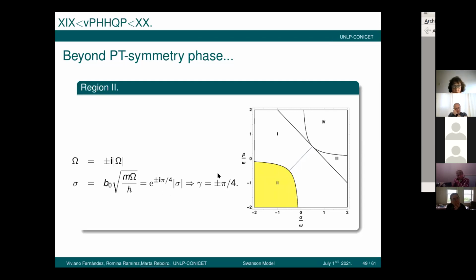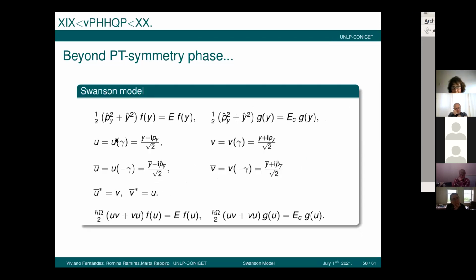So we introduce a new set of coordinates and a new set of conjugate variables. We introduce u as y minus e py, and b with the sign plus here.